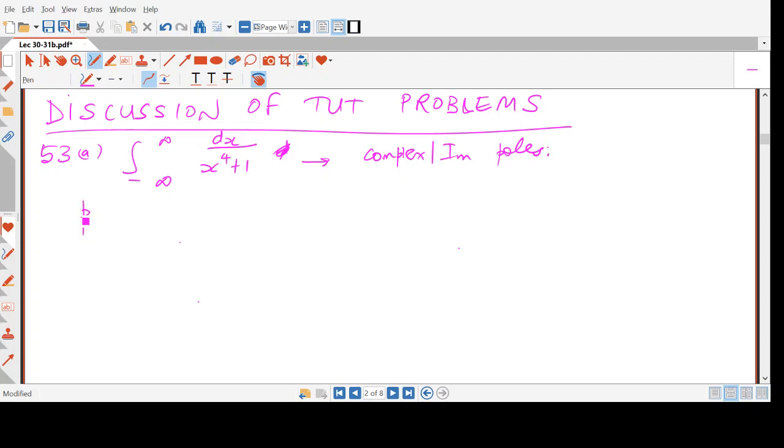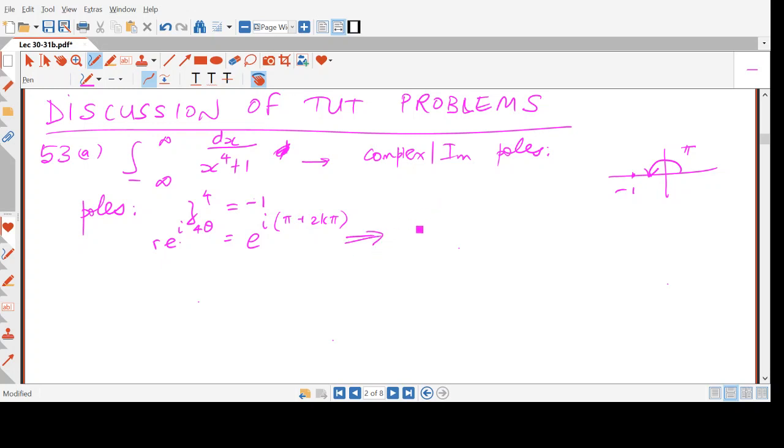To find the poles, we need to solve z to the 4th equals minus 1. In other words, r e to the I 4 theta equals minus 1, and the angle there is pi. So it's e to the I pi plus 2k pi.